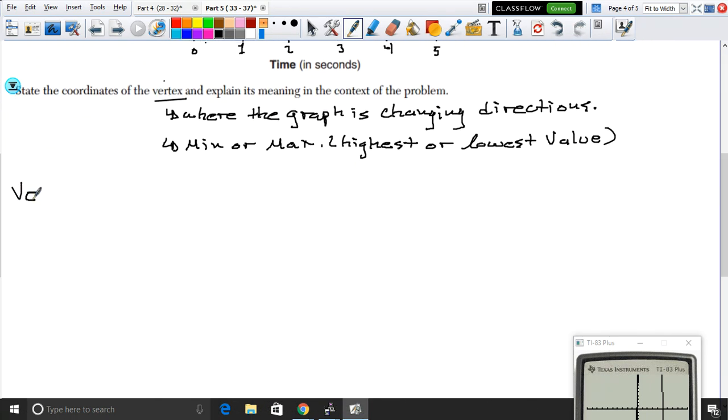So for the vertex, we know that it's going to happen at x equals 2.5. So let's grab our function and plug that in.